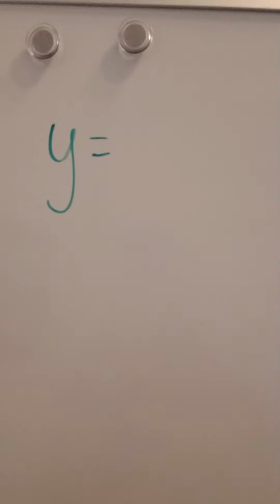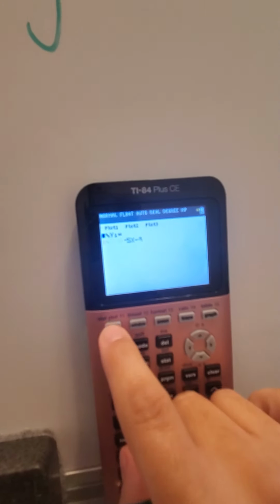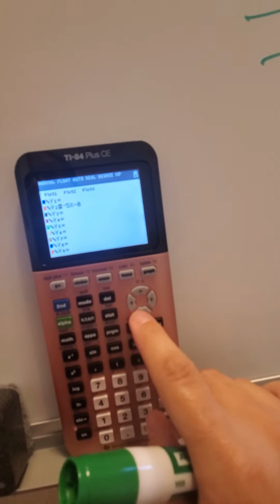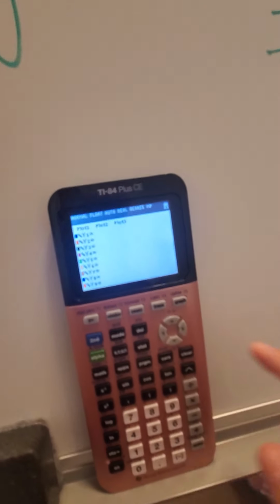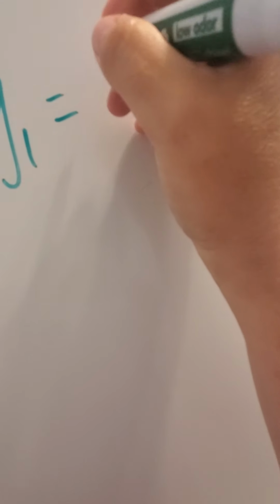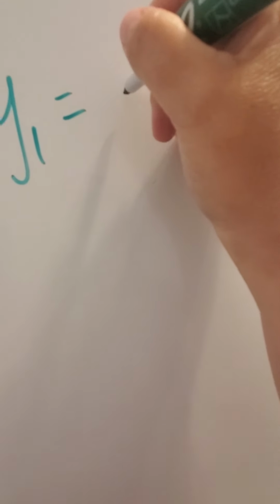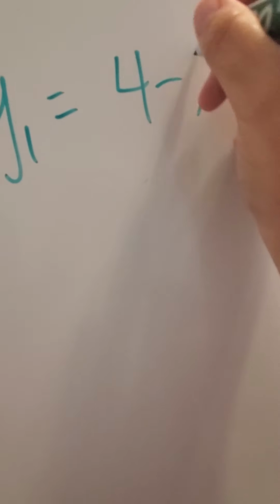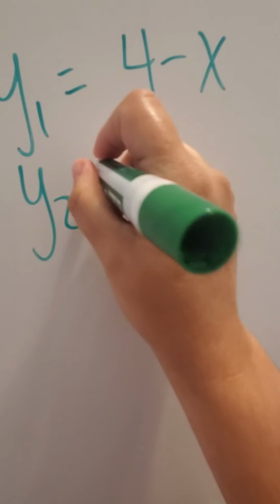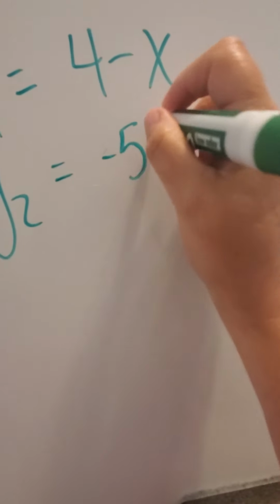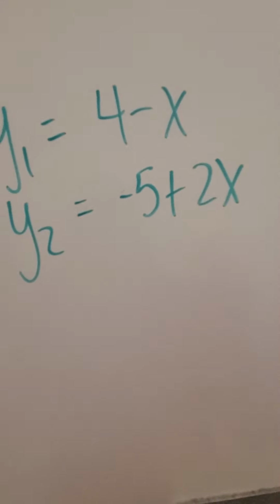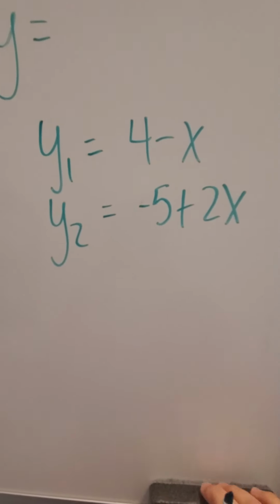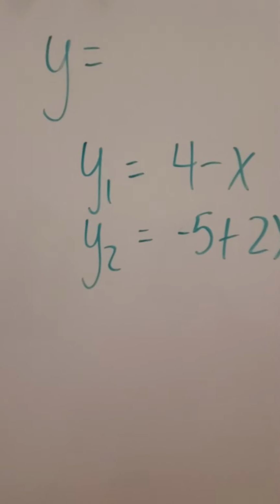All right. So we're going to go to y equals in the calculator first. Okay. So when you hit y equals, you're going to get your things here. Let me clear that out. Okay. So under y1, I'm going to put the 4 minus x. And under y2, I'm going to put the negative 5 plus 2x. Okay. So under y1 and y2, put your answers.